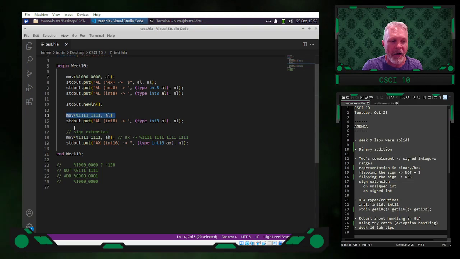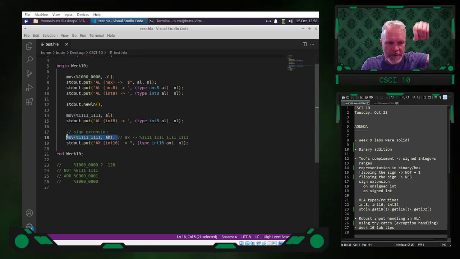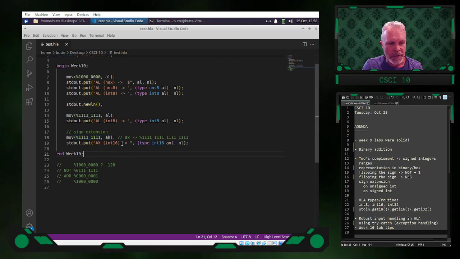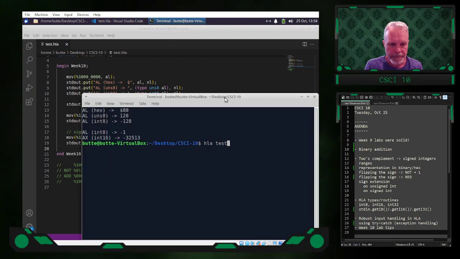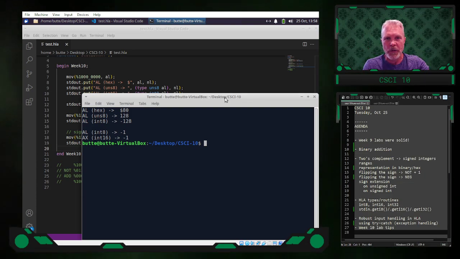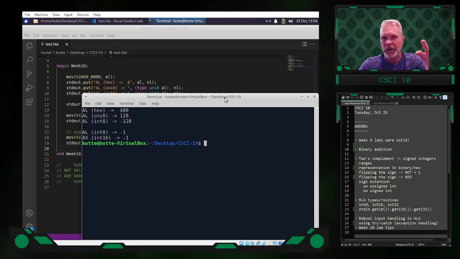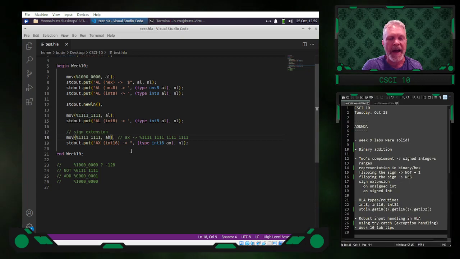So now AL has had its negative sign bit extended up all the way through and over AH. So now when we consider AX, it's going to be the original -1. So that's how we grow an 8-bit to a 16-bit value, which we need to be able to do for things like division. We need to do sign extension.